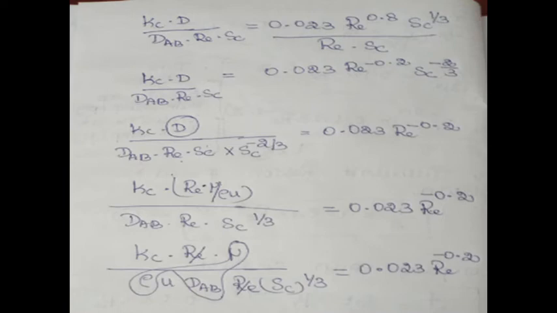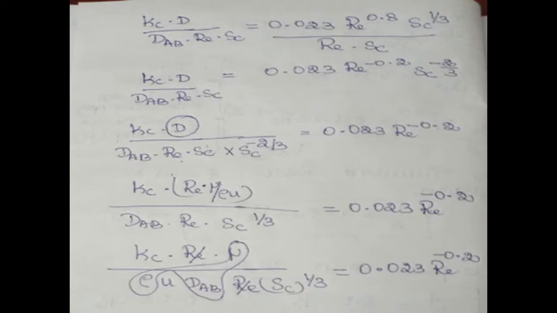Are you clear? So Kc is there, whole divided by dAb into Re, and what about the Schmidt number? This Schmidt number comes to this side: Schmidt number power 1, Schmidt number power minus 2/3. So totally 1 minus 2/3, Schmidt number power 1/3.